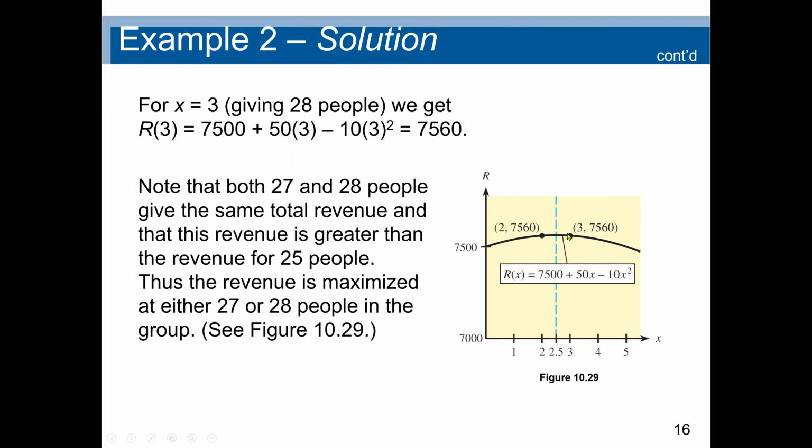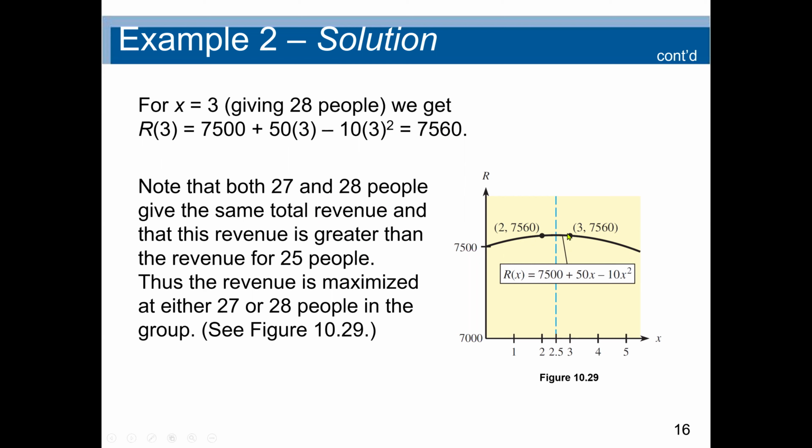Here they say we should find the minimum average cost. So the first thing we need is the average cost function. This is a total cost function, so we cannot use the total cost function to find the absolute minimum. We have to find the average cost function. In statistics, to find the average of anything, you find the sum of the things and divide by the number of things you have.